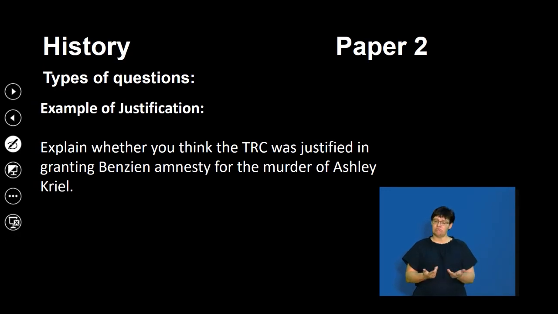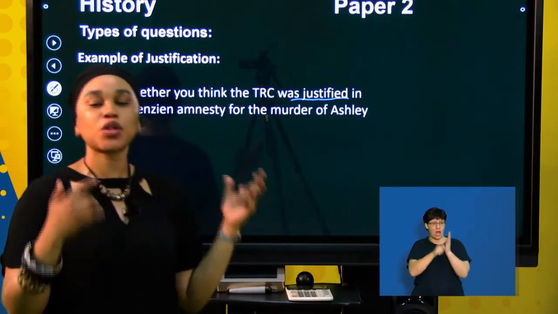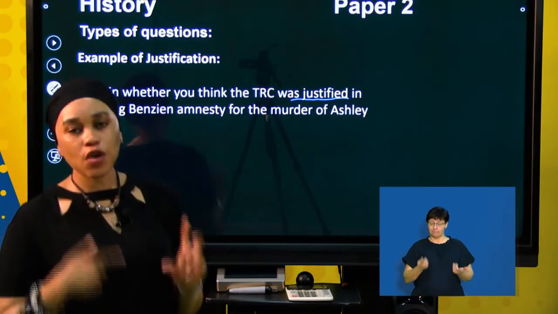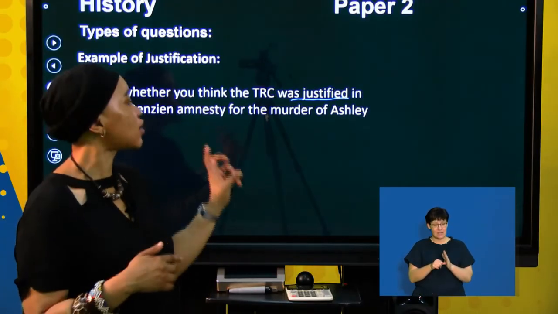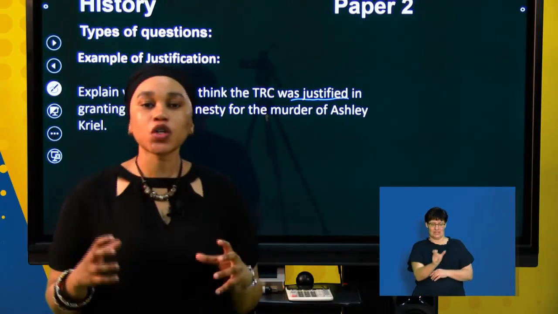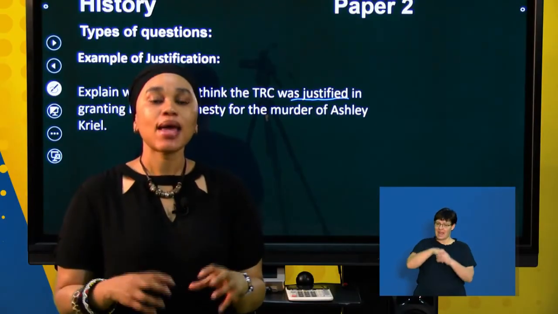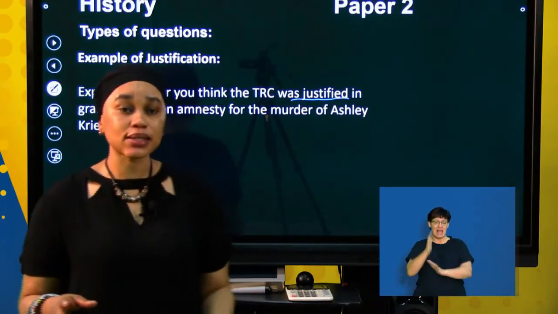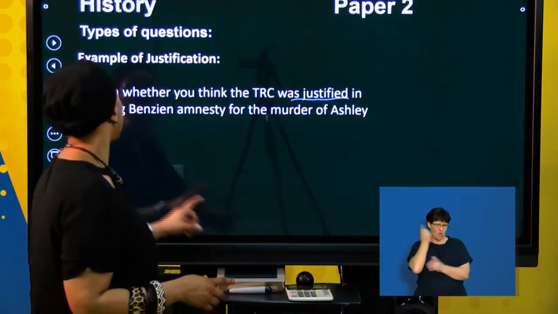So let's look at the example of justification here. Explain whether you think the TRC was justified. Now guys, if you don't know the meaning of the word justified, that means you will not be able to answer this question. It's very, very important to familiarize yourselves with the words that are used in a history exam and the historical concept, as I said before. Okay.